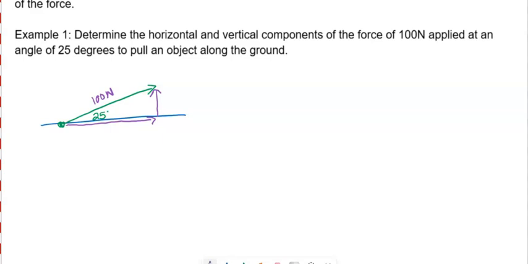In order to do this, I'm just going to use right-angled trig to figure out the x and y components. Beginning with the vertical component, I would have y over 100 newtons, opposite over hypotenuse.